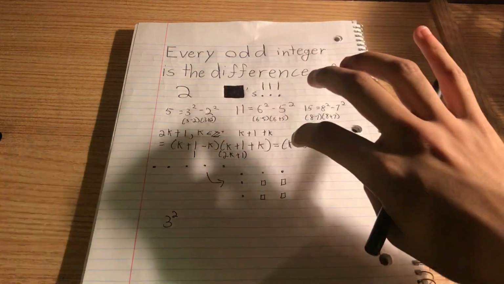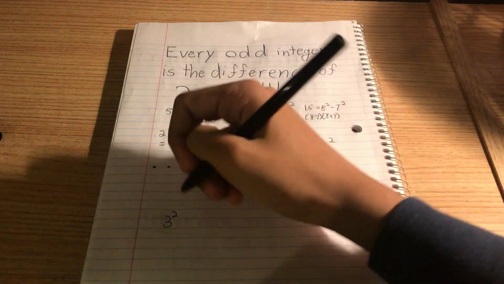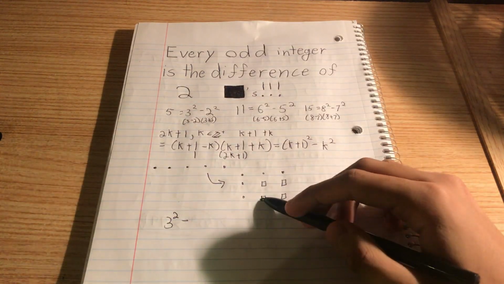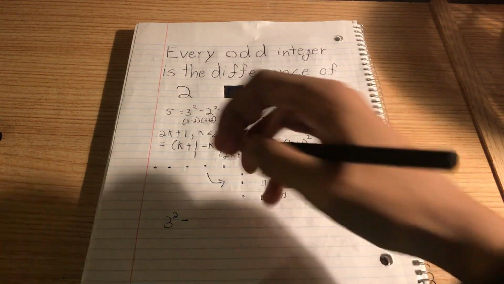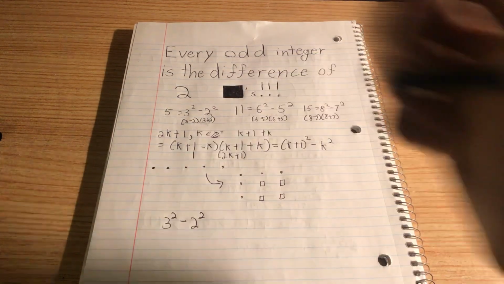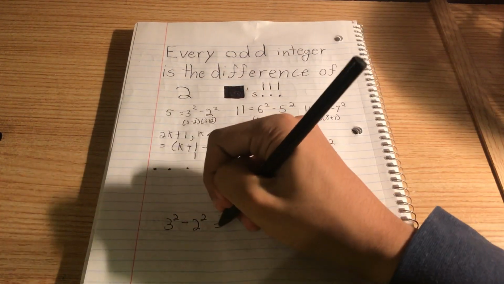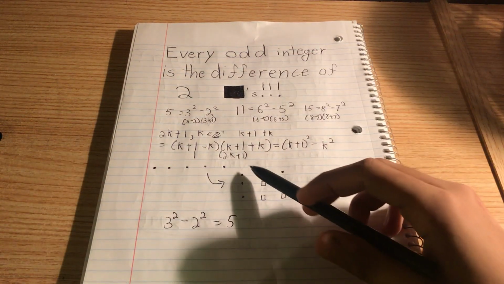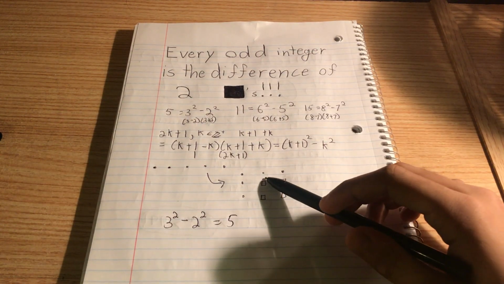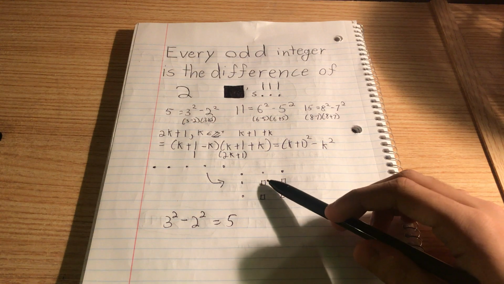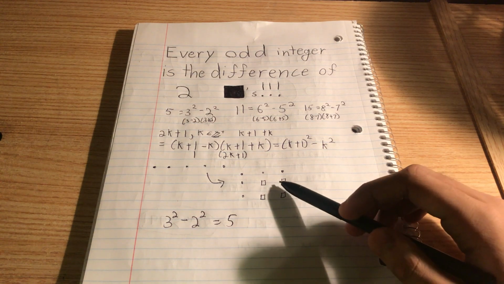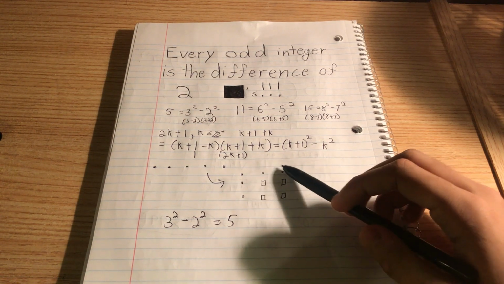We're taking that part out. And so we're taking out, let's see, 2 by 2. 2 times 2, or 2 squared. So as you can see, we can write 5 as basically a 3 by 3 square, but taking out the next k minus 1th square from it to get an answer of 5.